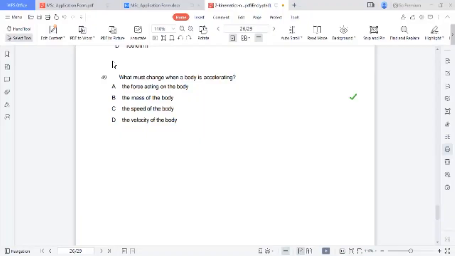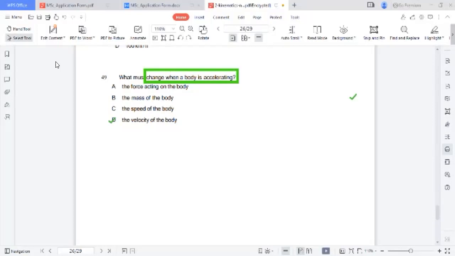Okay, in case of 49, you can see what must change when an object is accelerating. You know that for an accelerating body, the velocity of the object must change.